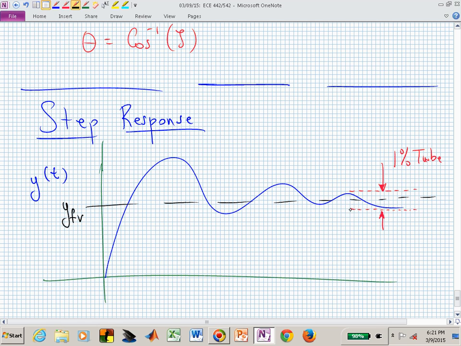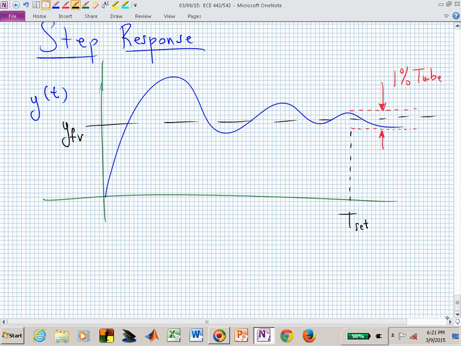That's the time that we will call our settling time, T settle. That's our 1% settling time.